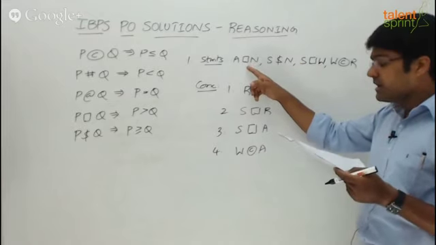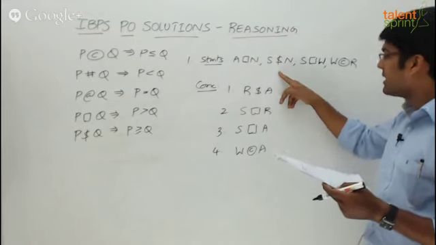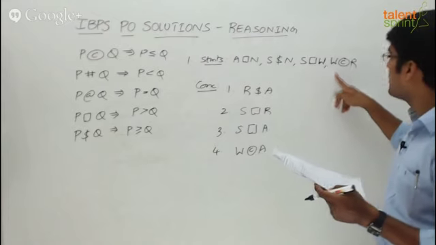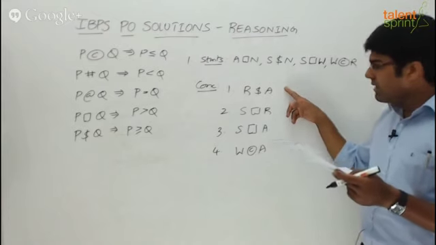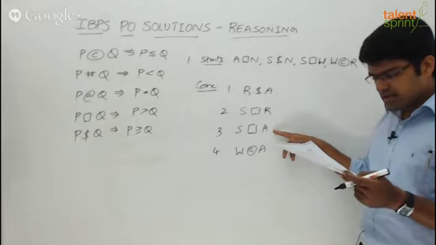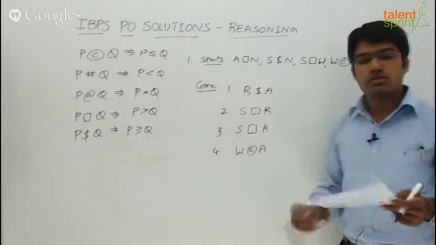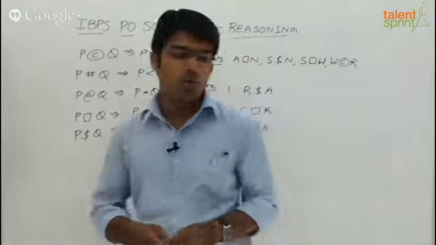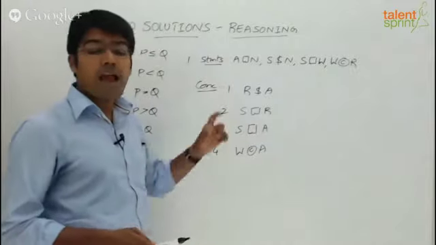Let me just check this once. A box N, S dollar N, S box W copyright R, R dollar A, S box R, S box A, W copyright A, right?